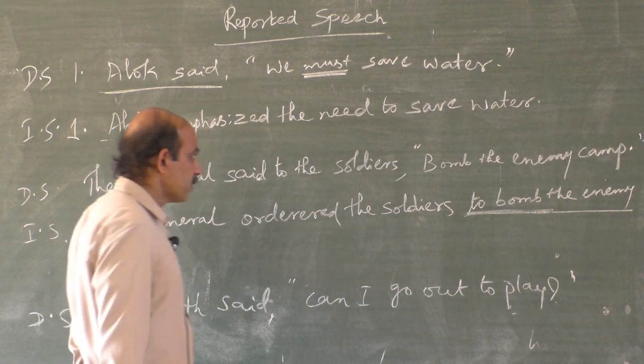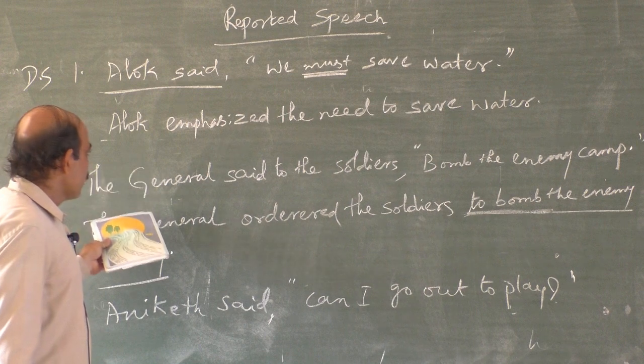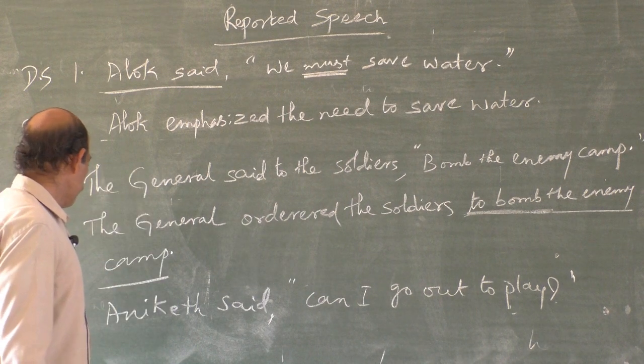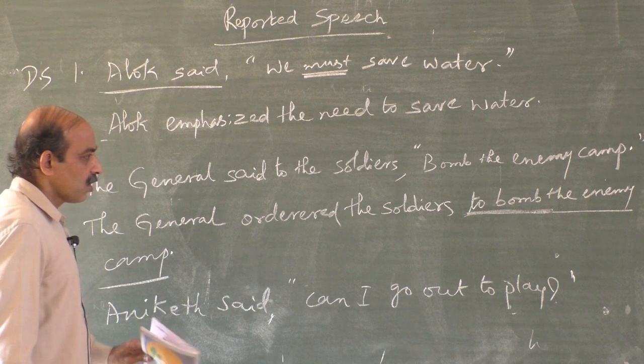Now, this is another type of statement. The first one was the second one, imperative type. The third one, Aniket said, "Can I go out to play?" It is a yes or no question.